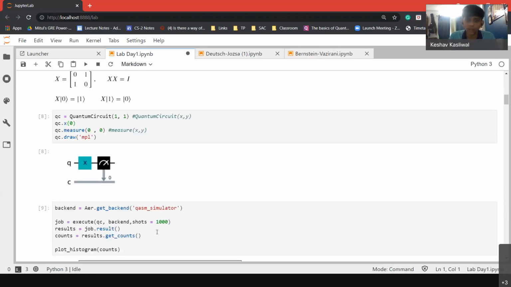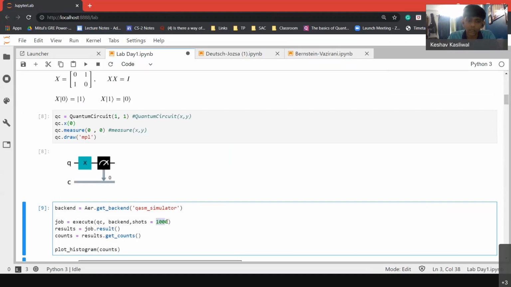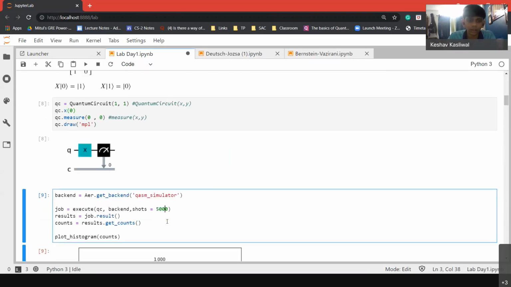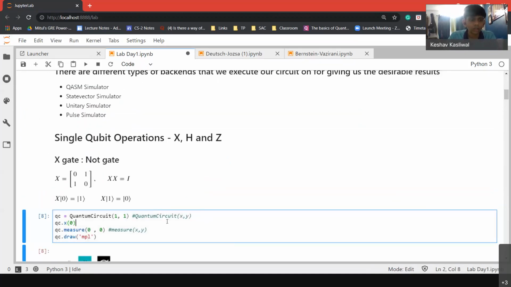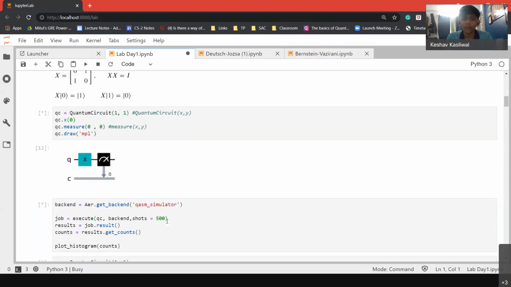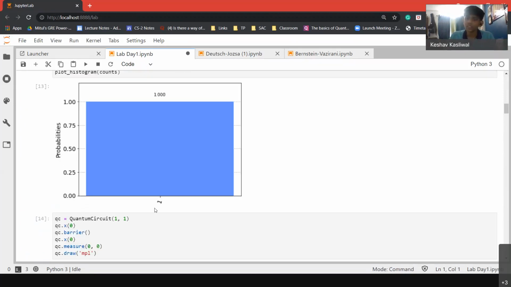Even if we do a 500-shot simulation over here, the result is still 1. There is a particular uncertainty in the results, and I'll come back to the superposition thing.